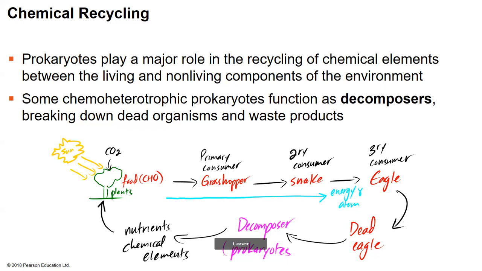Okay, these chemical elements and nutrients could be used by plants to make more food. Of course, water is also needed in this process.